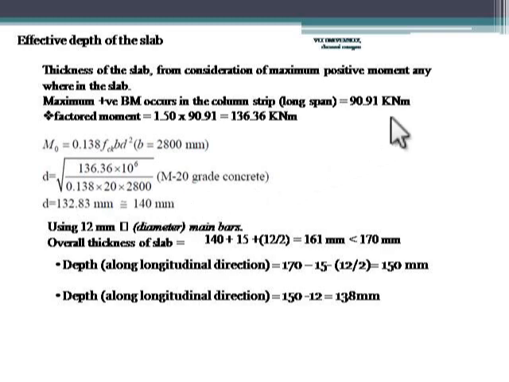Using 12 mm diameter, overall thickness of the slab is 140 plus 15 plus 12 by 2, that is 161, so 170 mm. The depth in the longitudinal direction is 170 minus 15 minus 12 by 2, that is 150 mm. The depth along the longitudinal direction, that is 150 minus 12, 130.